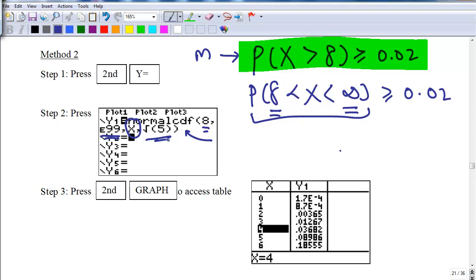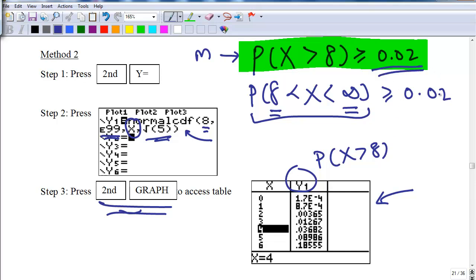The reason why I want to do this is because I want to generate the table of probabilities. Now when I press second graph, I will get this table. Remember, this is my probability X bigger than 8. I want this to be bigger than 0.02, and I want the least m for this to happen. So all I need to do is to look at the Y column.